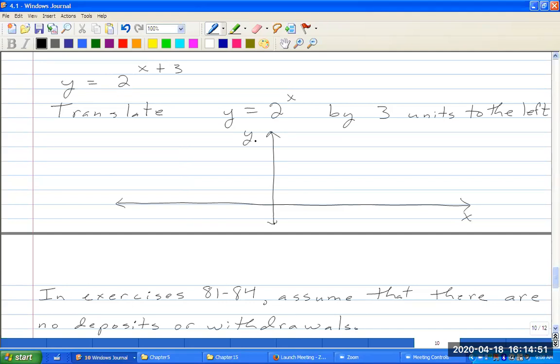So first, let's sketch the graph of 2 to the x. And so the graph of 2 to the x should look something like this. So this is a graph of y equaling 2 to the x. The y-intercept is at 1.